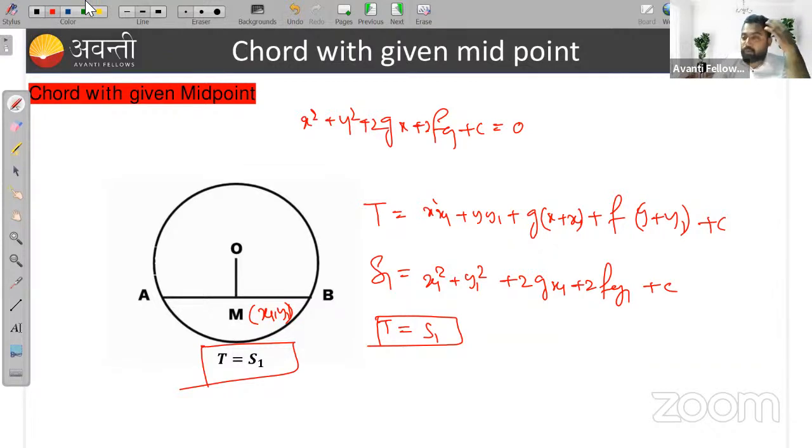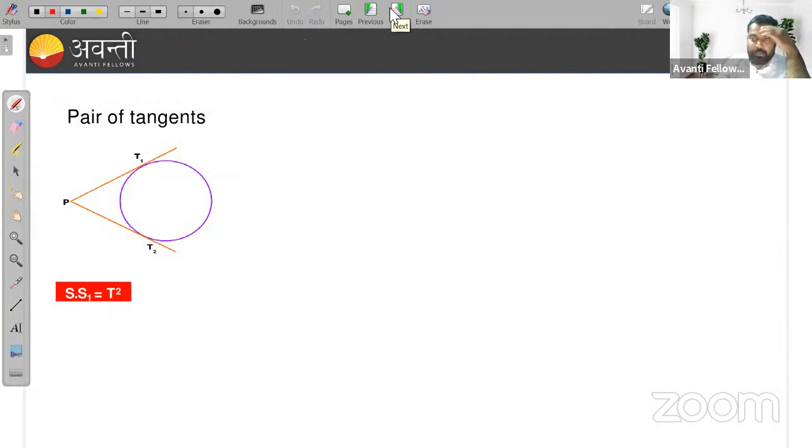Okay. So next thing is pair of tangents. So this is the equation which represents both the tangents, that is pair of tangents. Actually, the equation is S S1 is equal to T square.